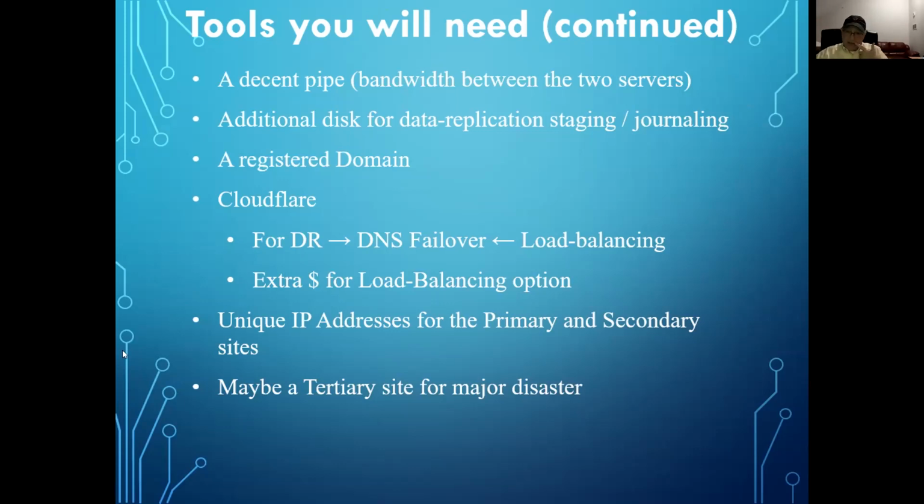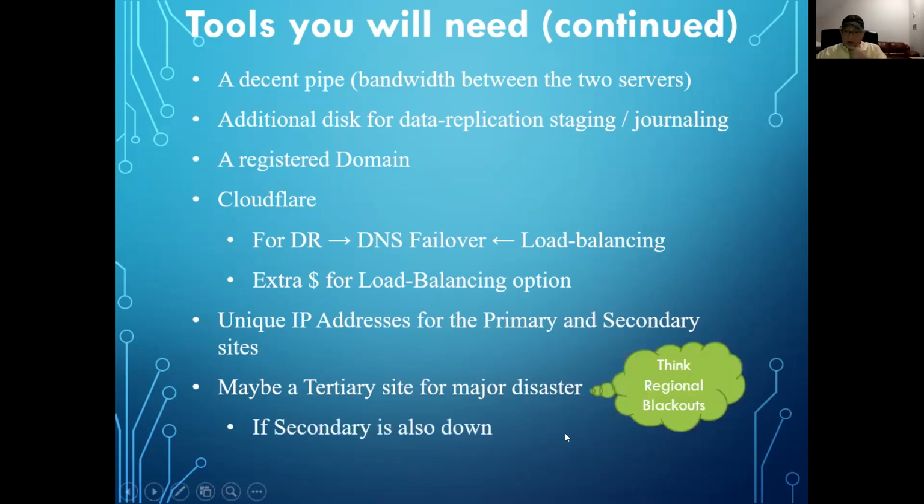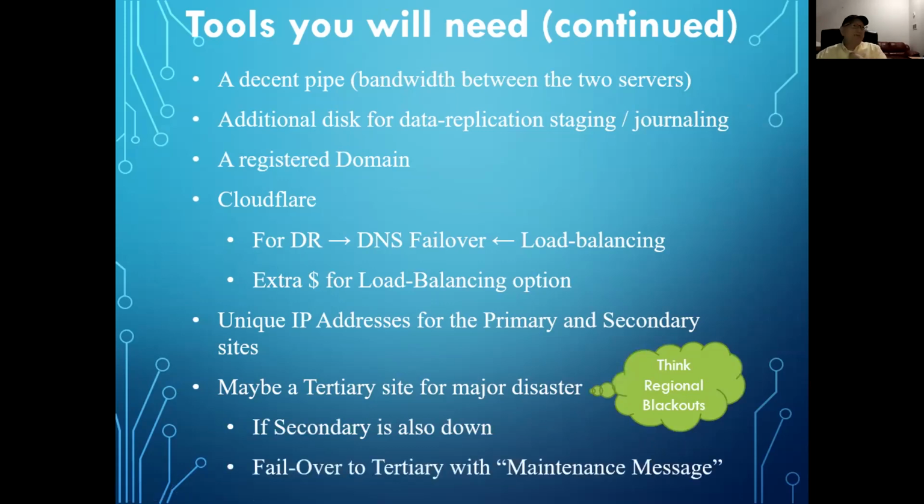Ryan's idea, I think I have that in here, was if the secondary is down, think regional blackouts, right? But I think my idea. So Ryan, I didn't put yours in here, but I'll say what yours is first because I did like it. If it's a marketing website and there isn't a lot of changes happening in data, then you can have a snapshot from a month ago.